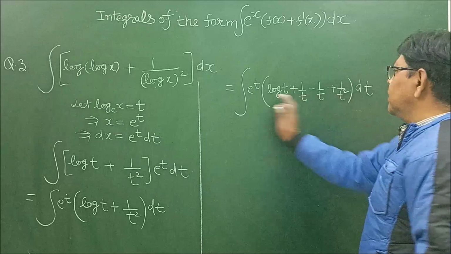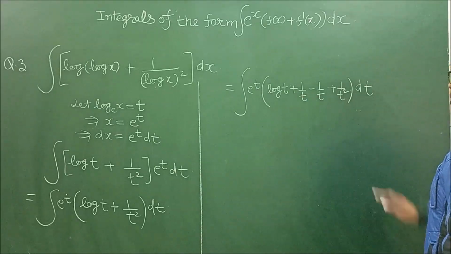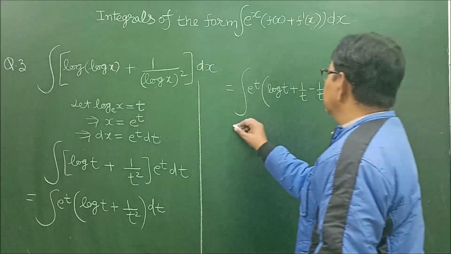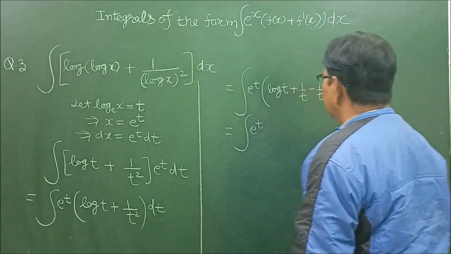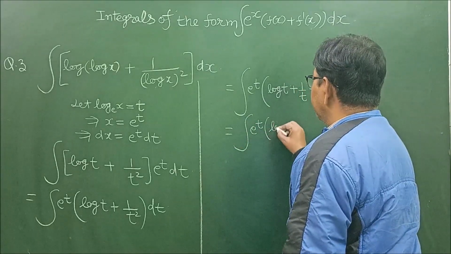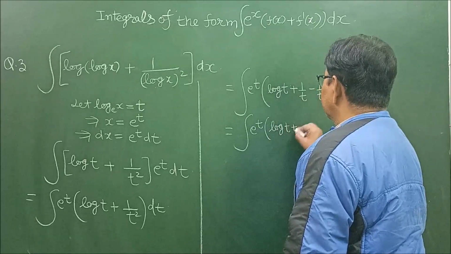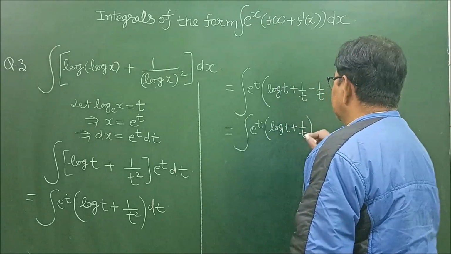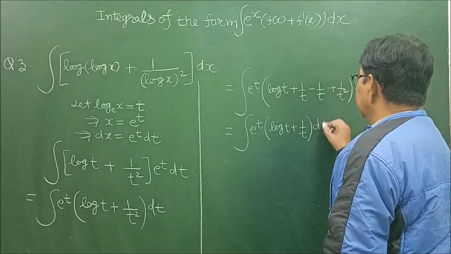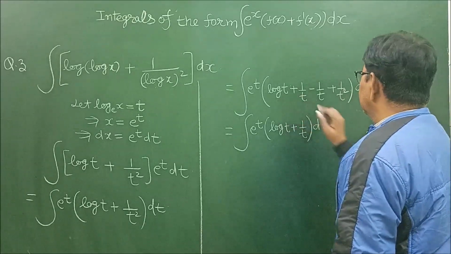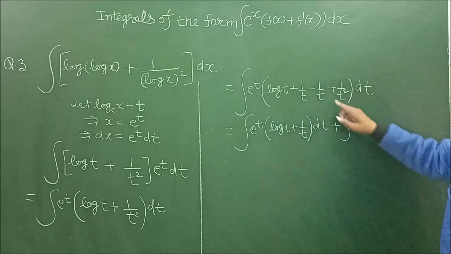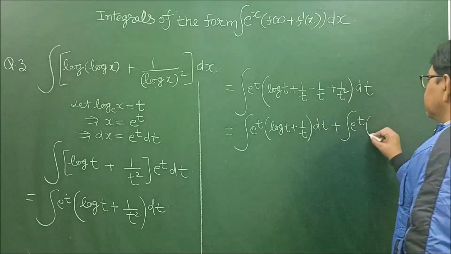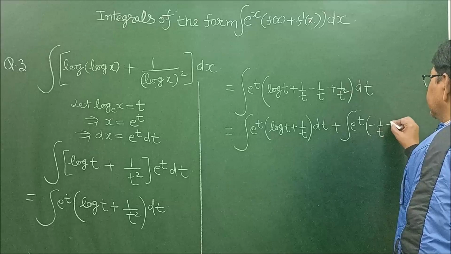Now let us separate the terms in this integral. So if we write this as integral of e raised to the power t (log t plus 1 upon t) dt plus integral of e raised to the power t (minus 1 upon t plus 1 upon t square) dt.